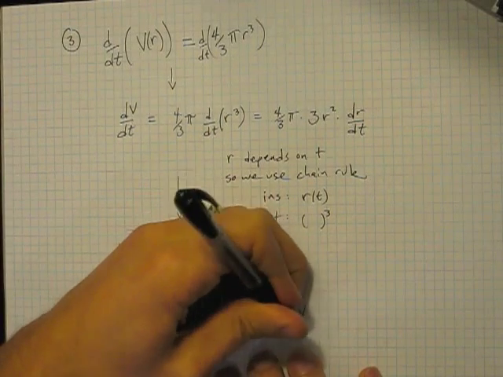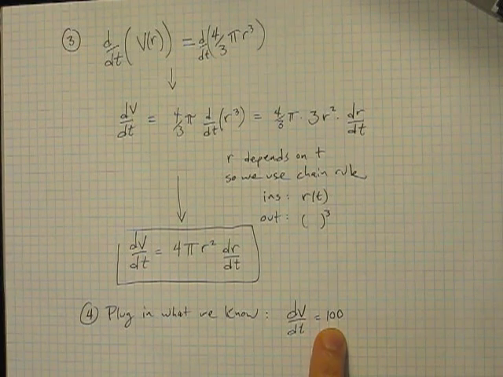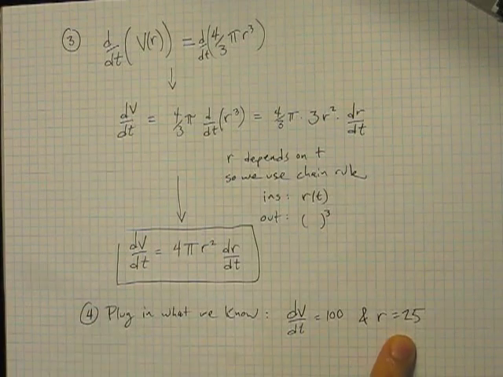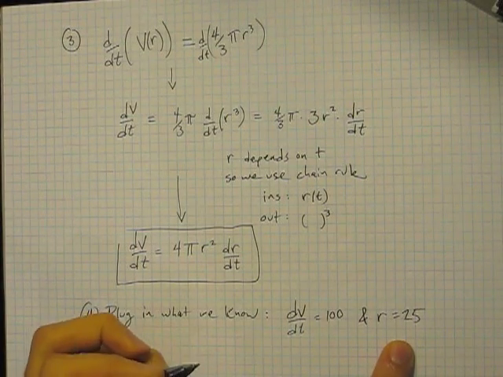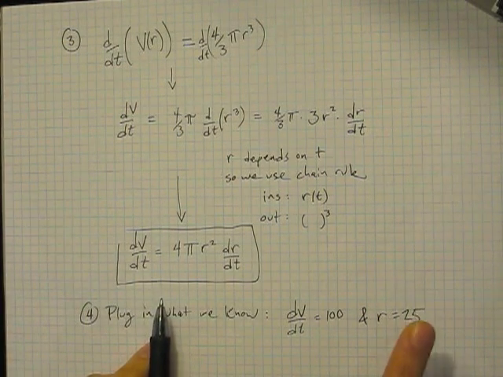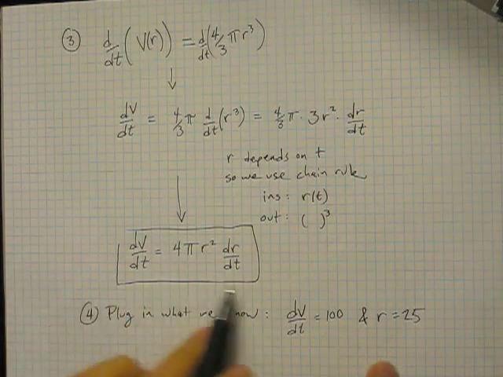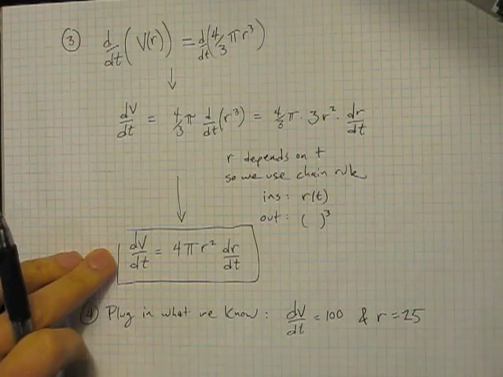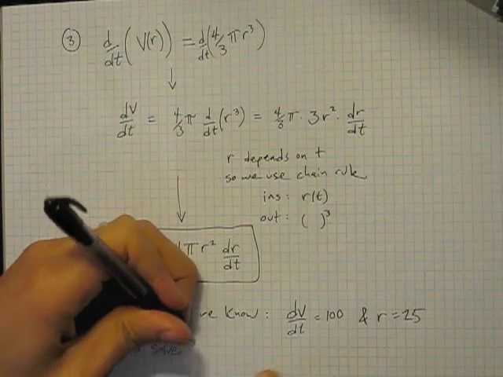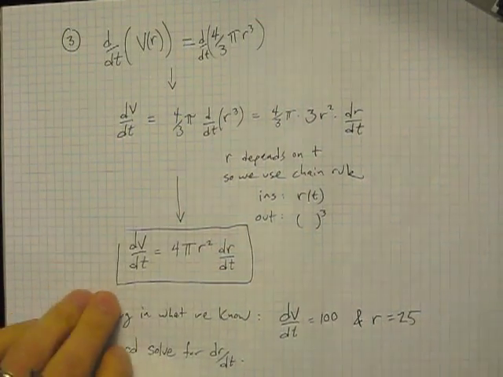Well, we know that dV/dt is equal to 100 because the volume was changing at 100 cubic centimeters per second, and we know that r is equal to 25 because the diameter was 50. So right at this location, consider right when the radius is equal to 25, and we know the volume is changing at this rate, so we plug those in and solve for dr/dt.